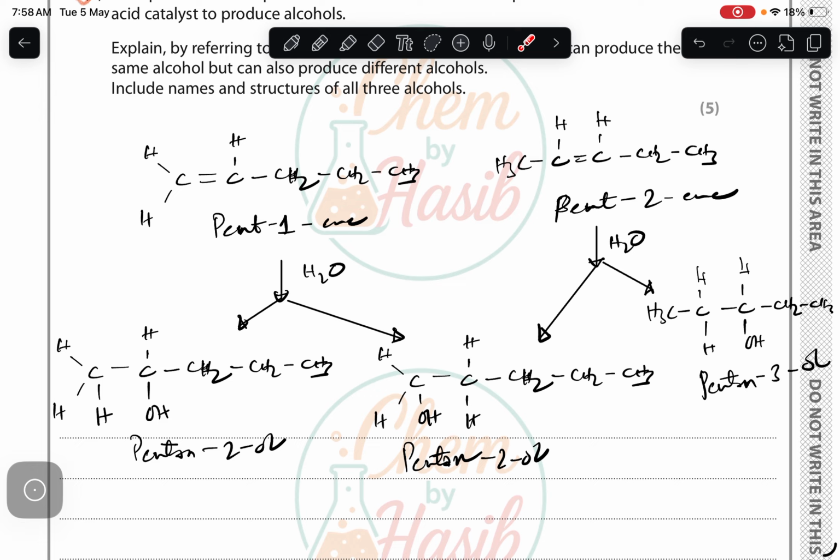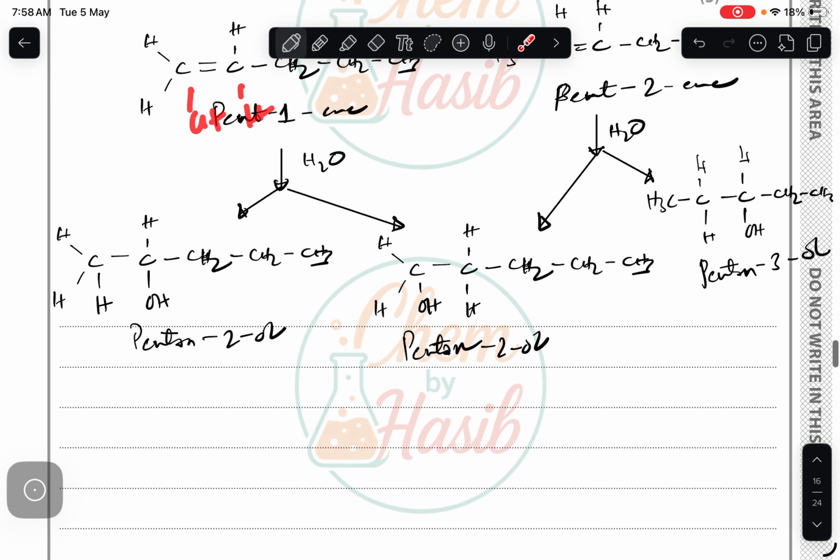It can get added to the double bond in either way around. What it meant is that you can add a hydrogen here and OH here, and it can be the other way around, OH here and a hydrogen here. So you have to write that statement in words, right?